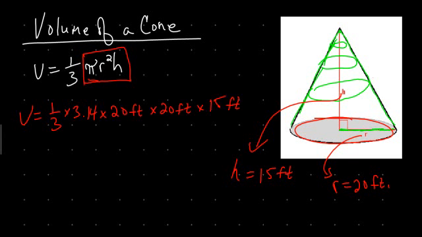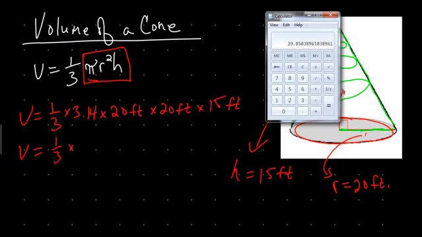Okay, and here I'm going to take care of everything except the fraction, because I know fractions give people fits. So let's do 1/3 times, and because when we're multiplying, we can multiply in any order we want. We should have learned that in the order of operations. So I can multiply all my other numbers except 1/3 first, and then multiply by 1/3. But I always like to slow down on the fraction.